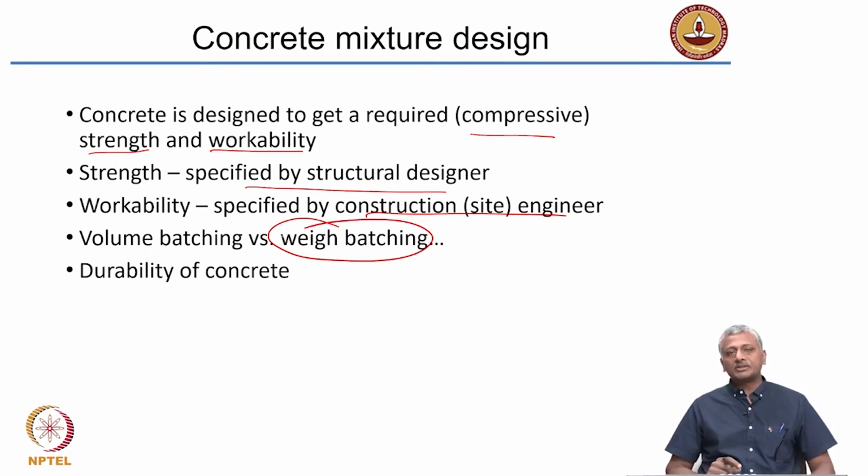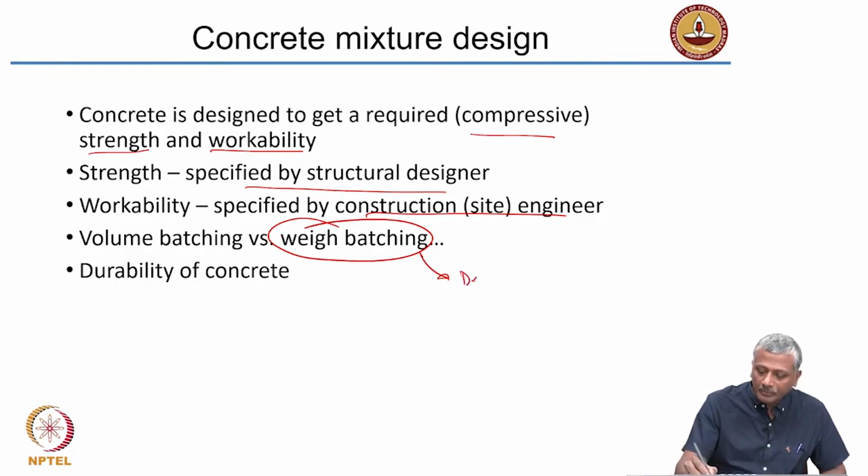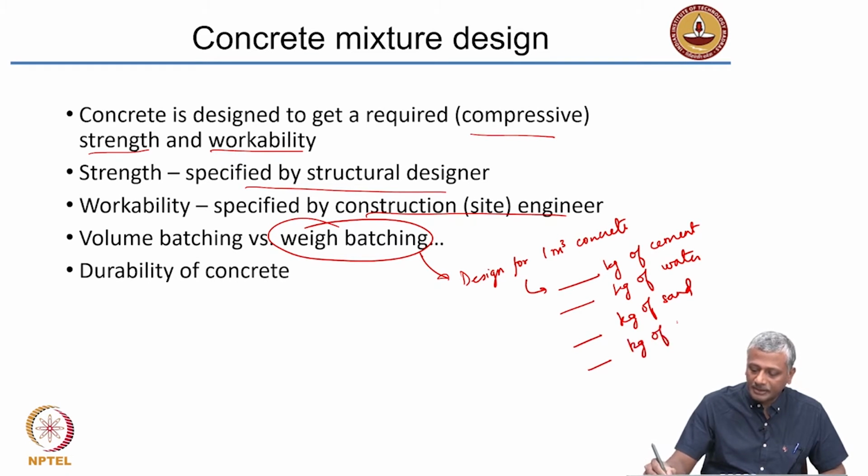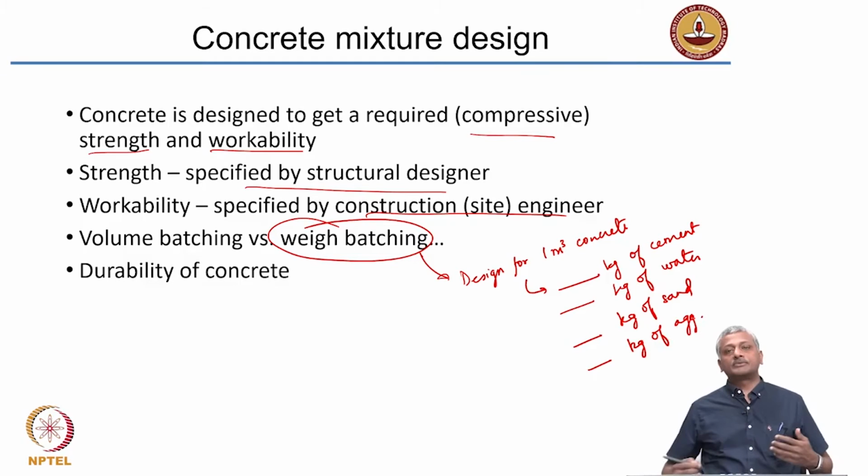That means you exactly measure the quantities of the ingredients by weight, and typically we do the design for a certain volume of concrete, let us say a cubic meter, and we say it needs to have so many kilograms of cement, so many kg of water, so many kg of sand, and so many kg of aggregate. And of course, you can also think about kilograms that you need to add per cubic meter of the other additives like chemical and mineral admixtures if you need them.